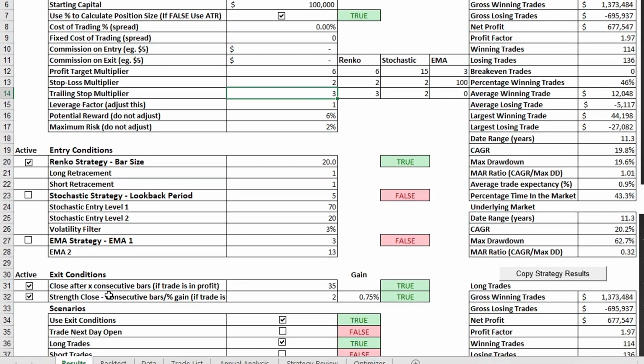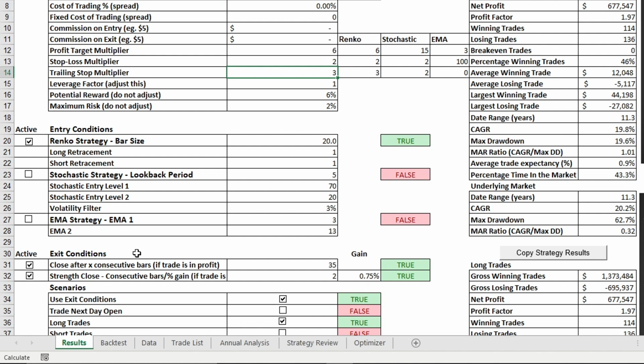I'm also using some exit conditions. Now these are exit conditions that I've worked on over time and I really like. So we've got two different exit conditions. You can see them in a lot of my models and strategies. Firstly, I'm using them for all three strategies. Close after a number of bars if the trade is in profit.